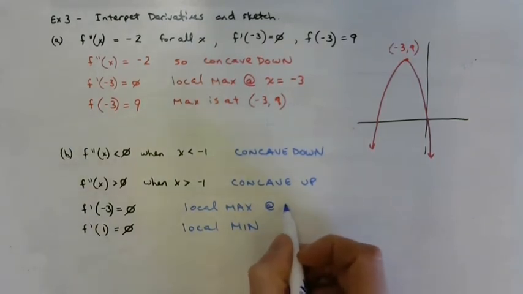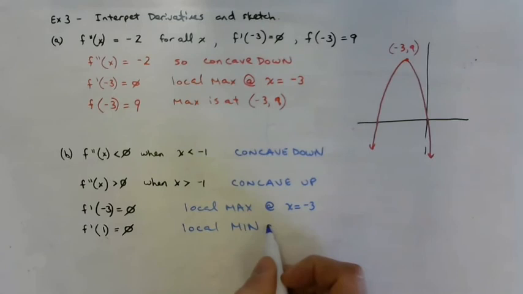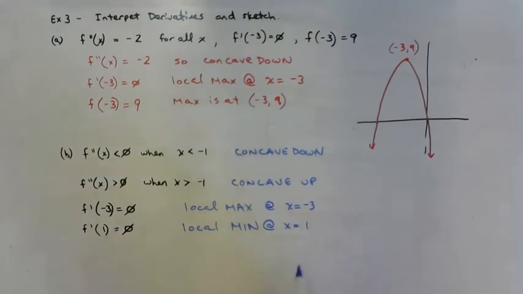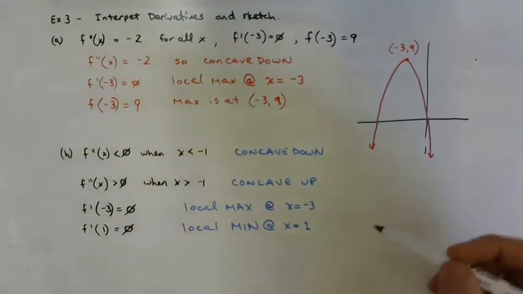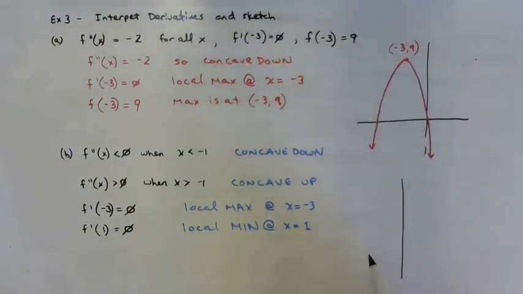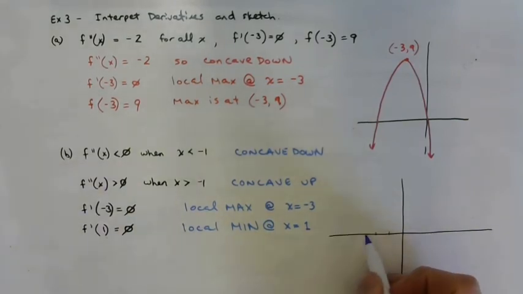And we could say this is at x equals -3, and this one is at x equals 1. And then we could sketch it. Okay, we have a local max at -3. 1, 2, 3. And we have a local min at x equals 1.